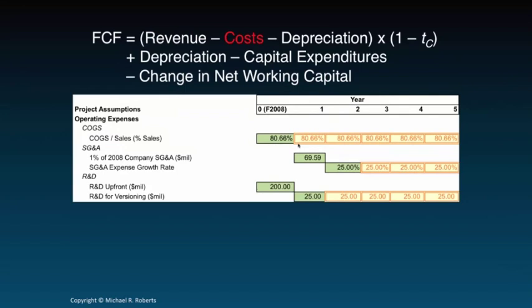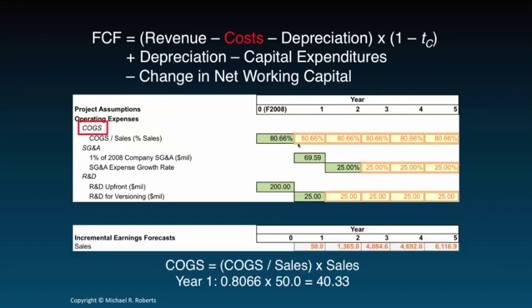Now let's move on to costs. And we'll start with COGS, cost of goods sold. You can see that our forecast drivers here are expressed as a percentage, and in particular a percentage of sales. So I'm going to repeat the sales forecast from the last slide here because we're going to need them to get at COGS forecasts. If we look at year one, we can see that 80.66% of the sales are assumed to be cost of goods sold.